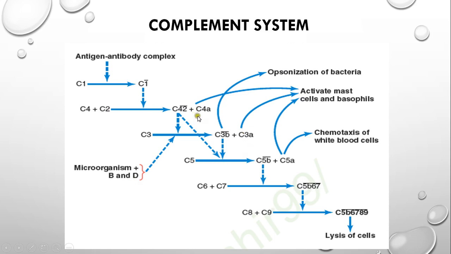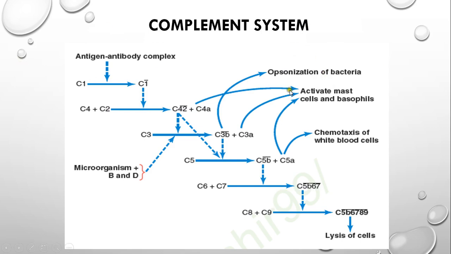You can see here the role of different activated factors of the complement system. C3b is concerned with the opsonization of the bacteria. What is opsonization? It means that this factor makes the bacteria more susceptible to phagocytosis.